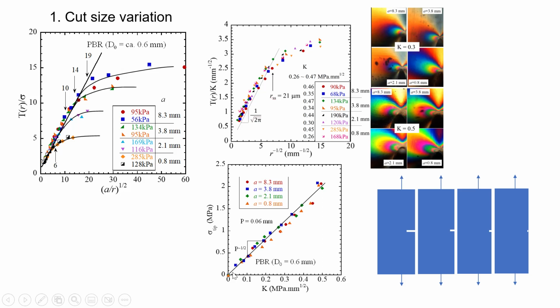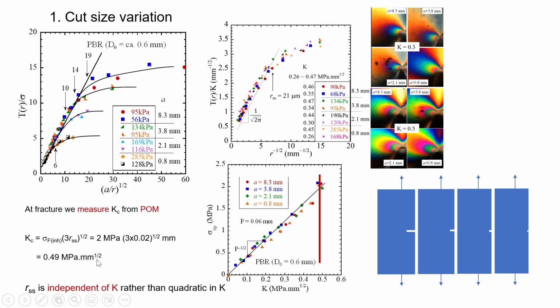Here a 60 micron size pops out, which is 3 times this size. So they are correlated in some numerical way, simply: instead of 20 microns, 60 microns, because there's a numerical factor between them. Moreover, by the time K is reached, you get a common Kc at fracture.